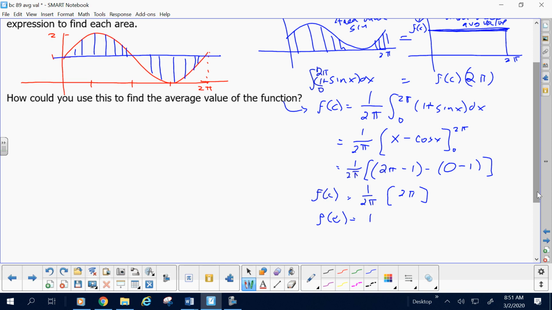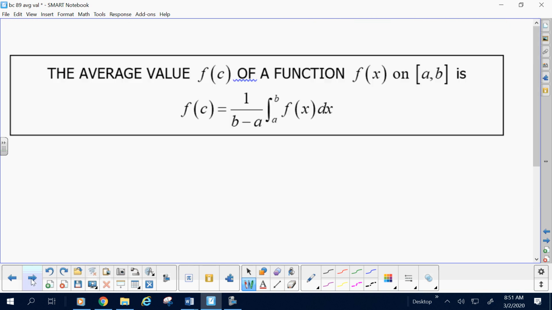Now, this idea that there's got to be a rectangle with equal area, and the height of that rectangle is the average value, is the big idea behind average value.